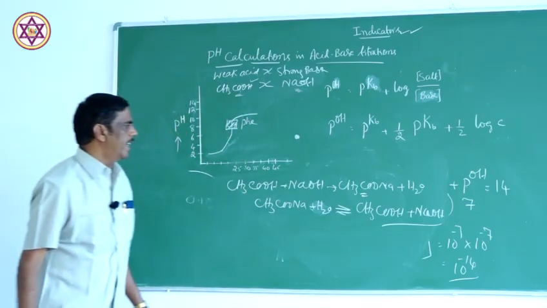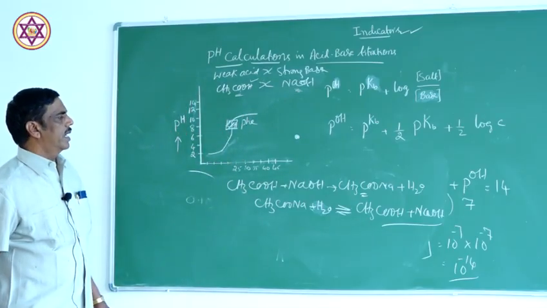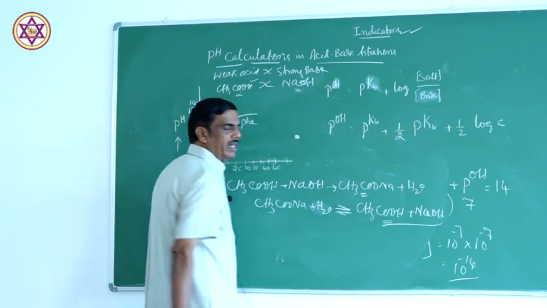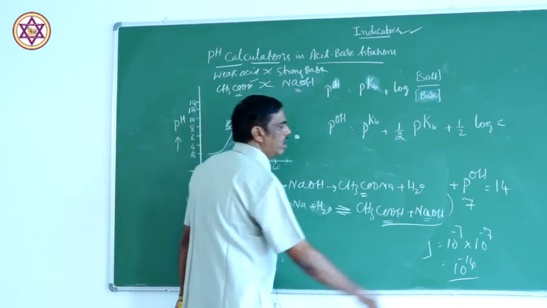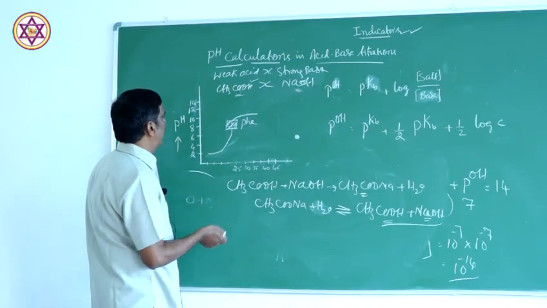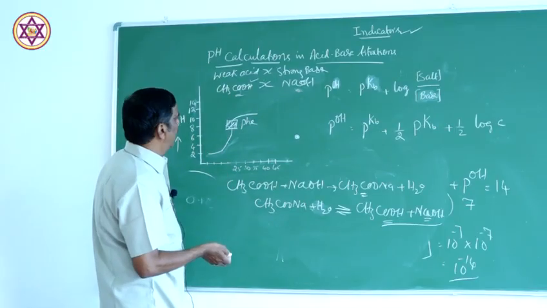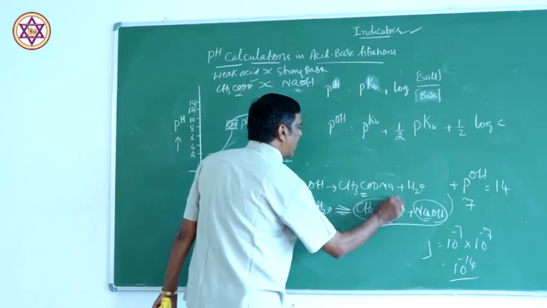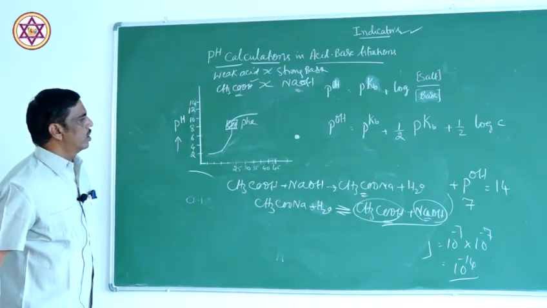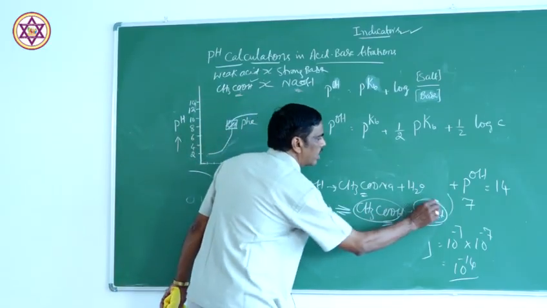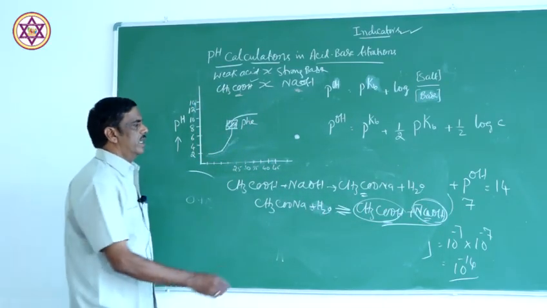Here the product acid is weak, but the base is strong, therefore pH rises. Sodium hydroxide is a strong base and acetic acid is weak, therefore pH goes above 8 because of strong sodium hydroxide and weak acetic acid.